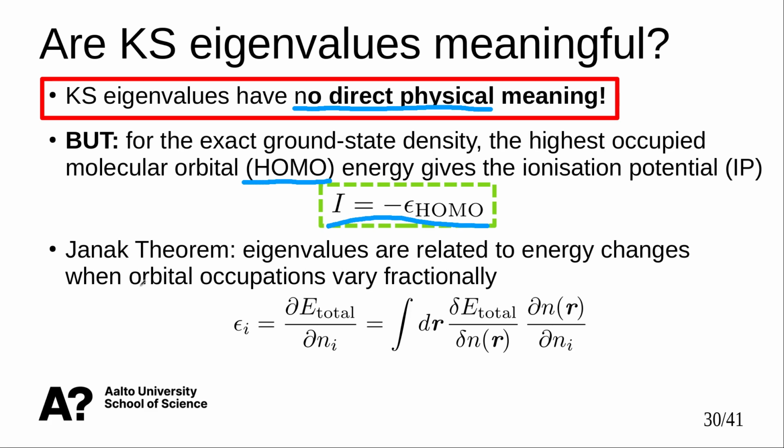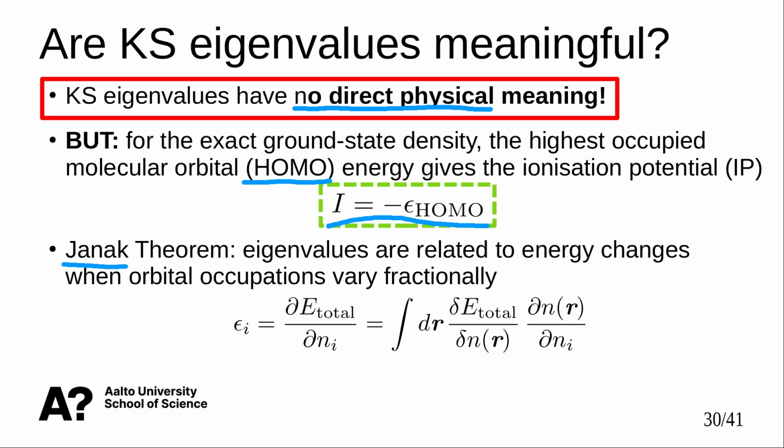However, in the 1970s or beginning of the 80s, Janak basically showed that eigenvalues are related to meaningful energy changes when orbital occupations vary fractionally.